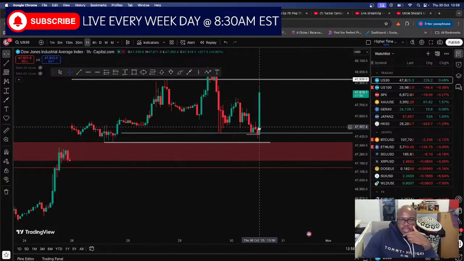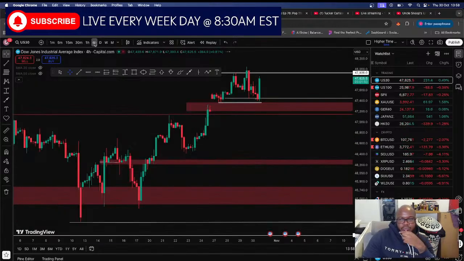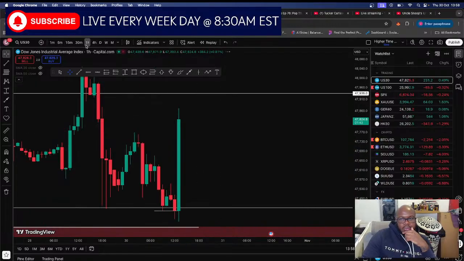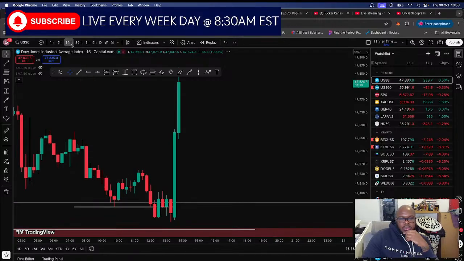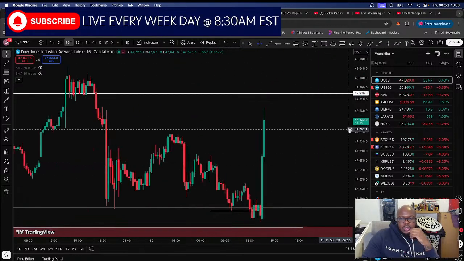I was supposed to get long here, but we didn't manage to go into the gap, and so it's a bit tough, but the idea is still to get long. On the close of this candle.